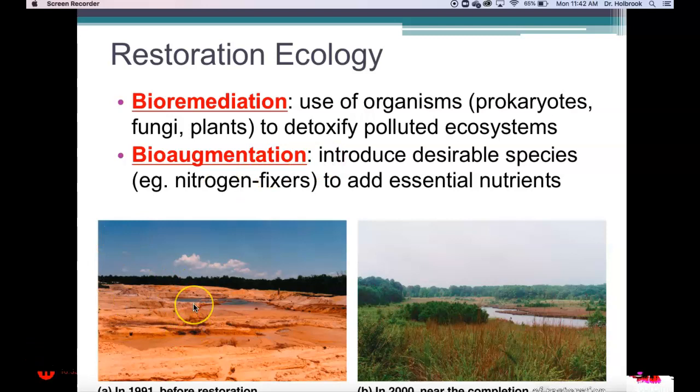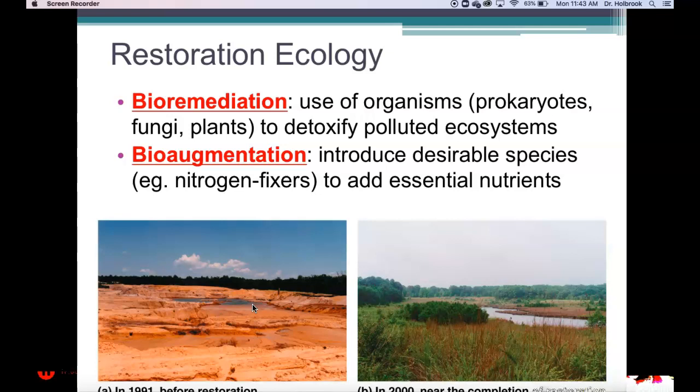What you see in these images is a gravel and clay mine site in New Jersey before and after restoration. Plants and lichens can be introduced into the area, and they can adapt to soils that contain heavy metals. They basically suck the heavy metals up.